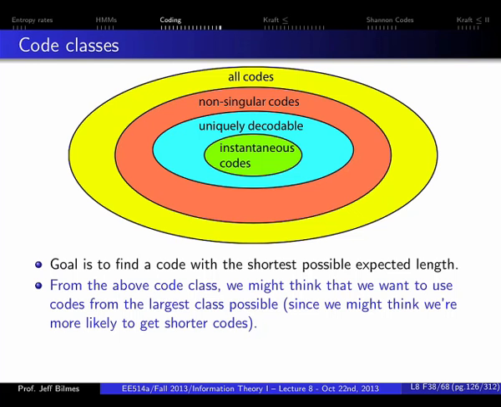So we might think that we want to use codes only from the largest possible class, namely the non-singular codes. Obviously, this isn't generally true. In an optimization, you're trying to optimize over a space. If you increase the space, as long as you find the optimal point within that space, you can do no worse than when you optimize over a smaller space.